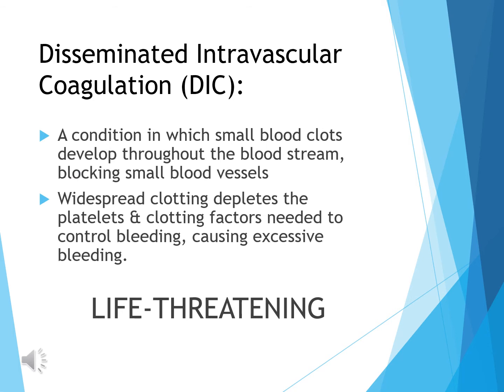Disseminated intravascular coagulation, or DIC, is a condition in which small blood clots develop through the bloodstream, blocking small blood vessels. Widespread clotting depletes the platelets and clotting factors needed to control bleeding, which causes excessive bleeding, and we need to identify this as life-threatening for our patients.